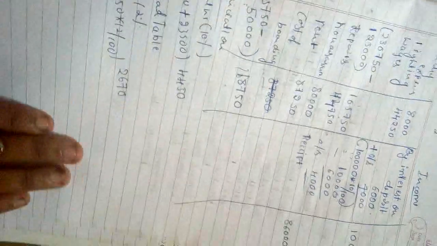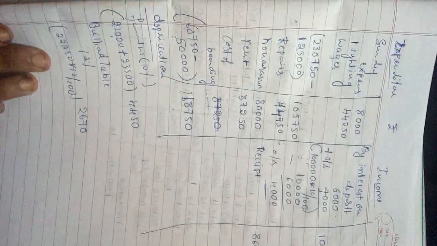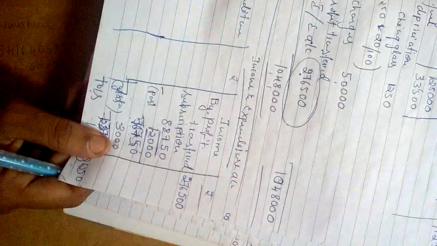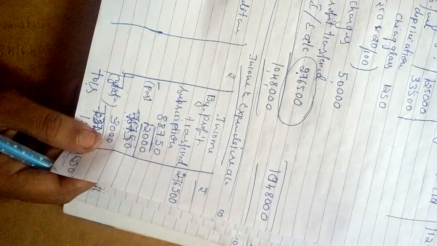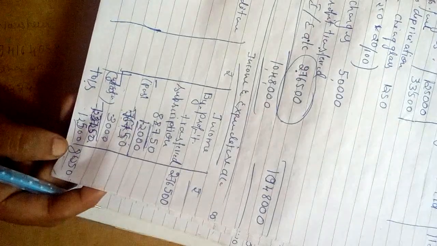We need to see the total amount of the income side. See, 86,000 plus 10,000 plus anything that is remaining. See, here is the income amount. So there is, here see, 2,76,500, add 2,76,500 plus 86,250.